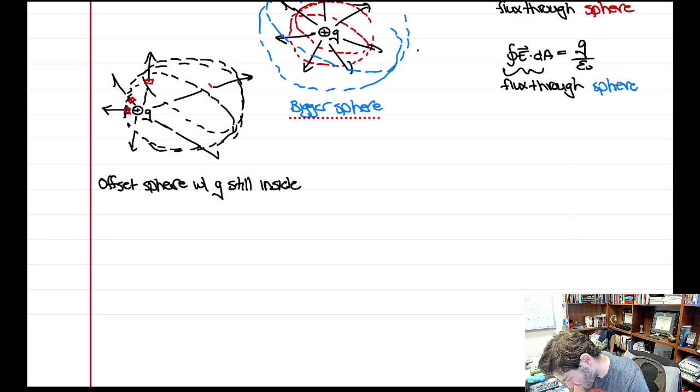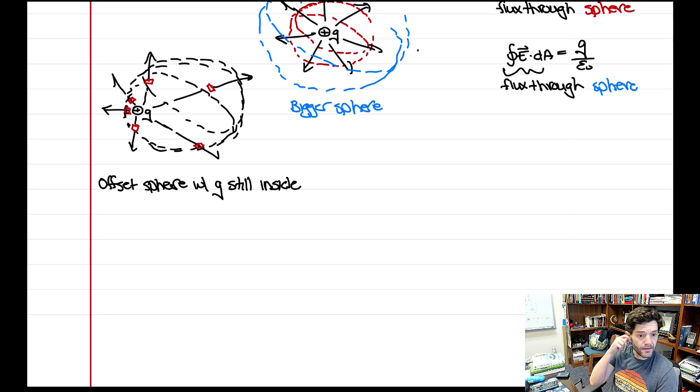This one might pierce through that patch, this patch, and maybe this patch on the back side, perhaps. Each electric field vector is going through the sphere at a different angle, so for each patch the magnitude of the electric field is different.